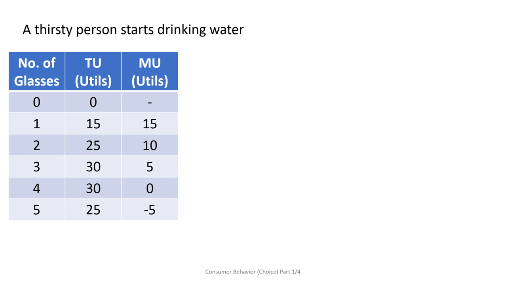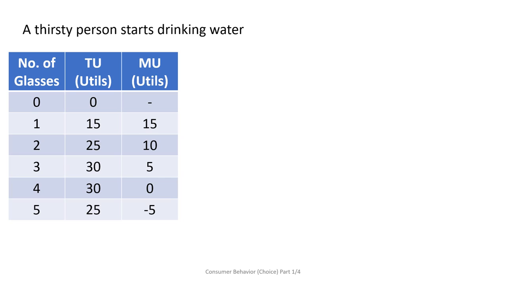He is presented with one more glass of water. So, drinking the second glass of water, he will get some more utility, but not as much as on the first glass, because now the thirst level was not as high as it was before drinking the first glass.